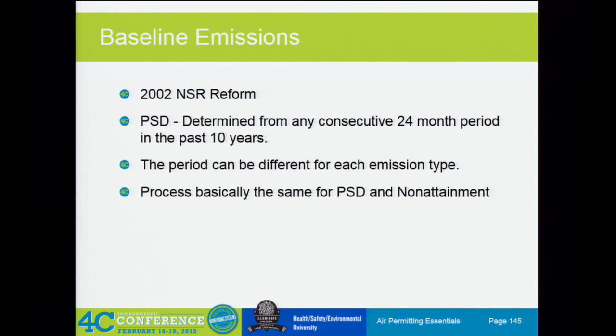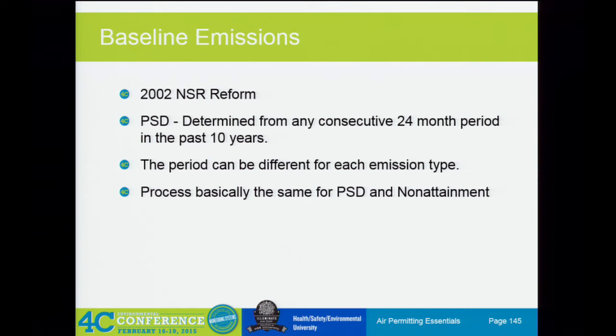And the process is basically the same for PSD and non-attainment. I'm not aware of any real differences in determining baseline emissions for PSD versus non-attainment. A lot of clients that don't have a very long history in terms of their emission sources might not go back as far as 10 years in looking at emissions.